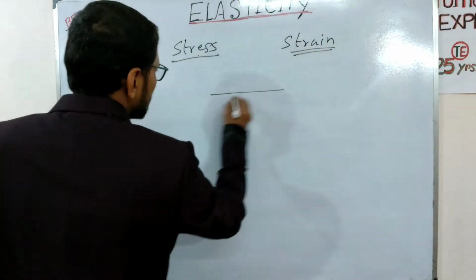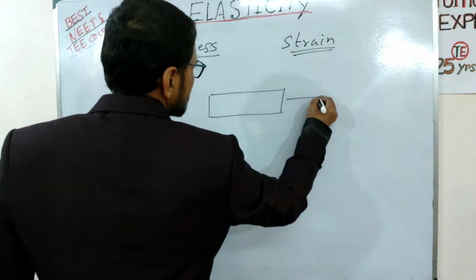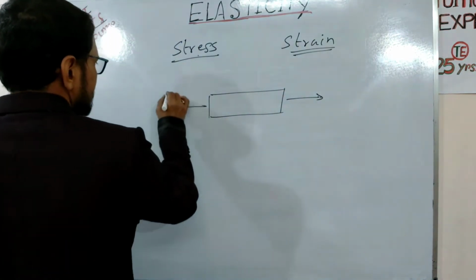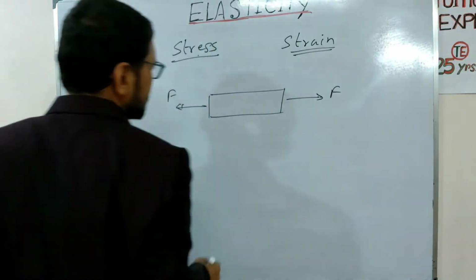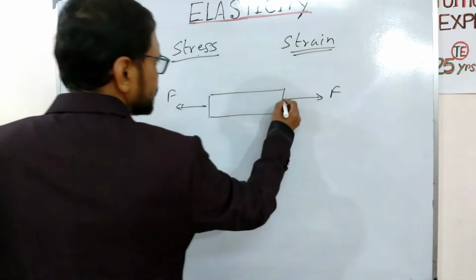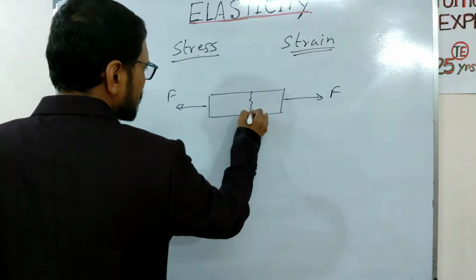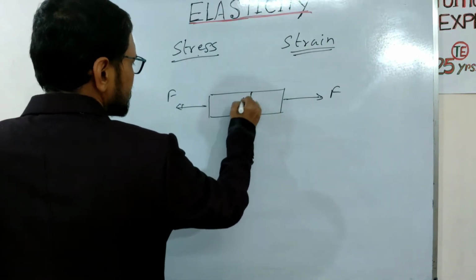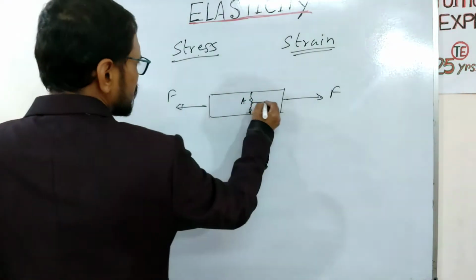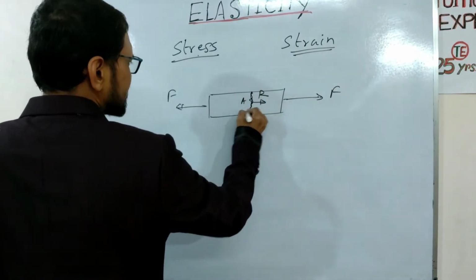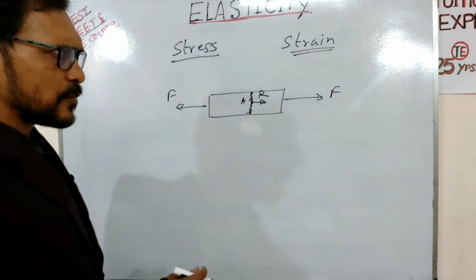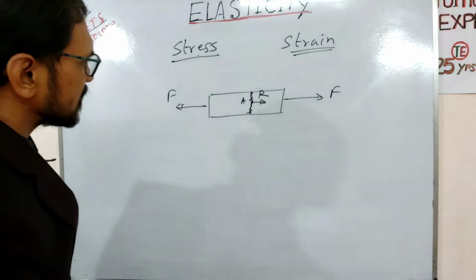What is stress? Suppose an external force is applied on a body. Now an internal restoring force is developed at each section of the body, which restores the body to its original position.